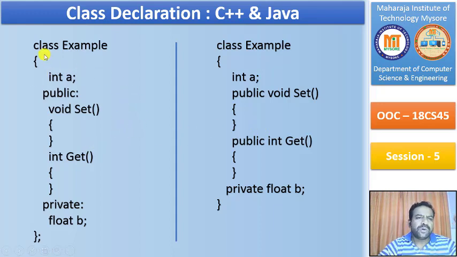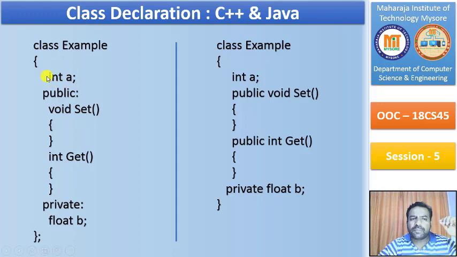Now let's look at the differences. The keyword and the tag are similar. Declaring a data member is similar, having a member function is again similar, and declaring a variable is also similar. So in what sense does it make a difference? The major difference here is this.